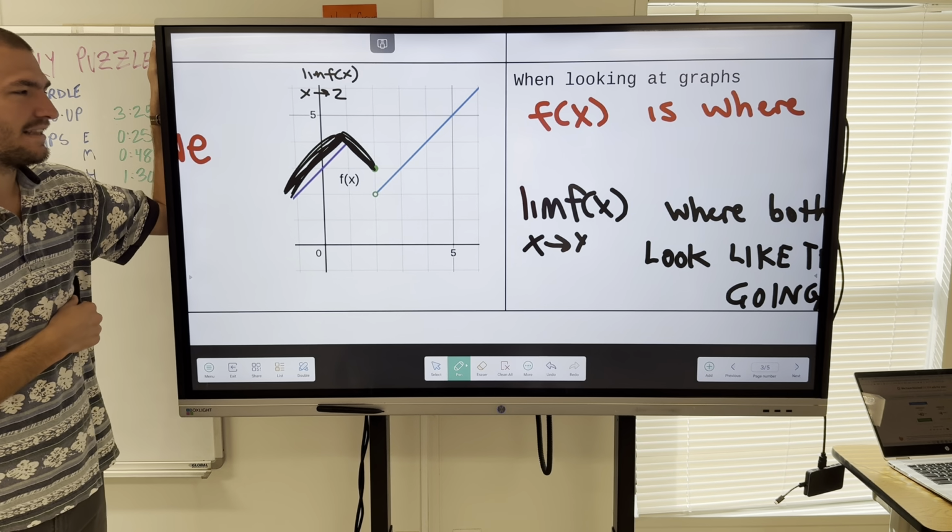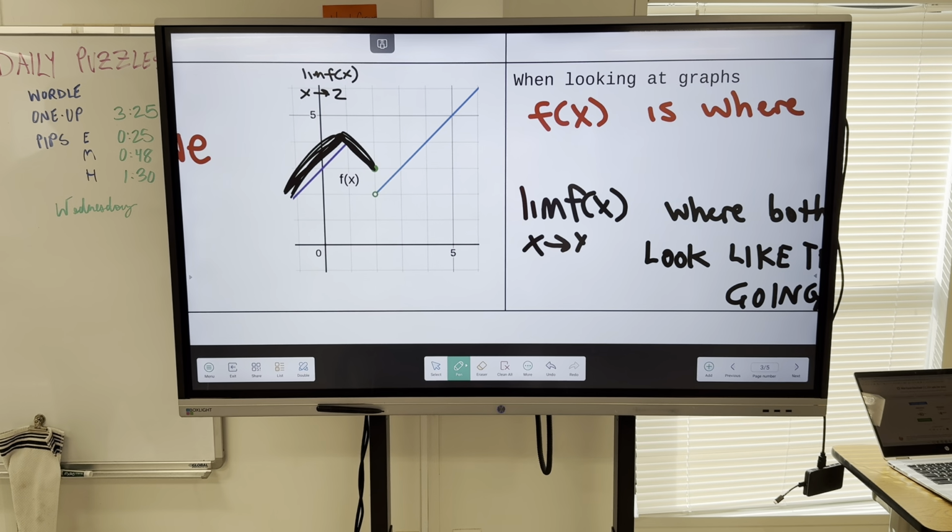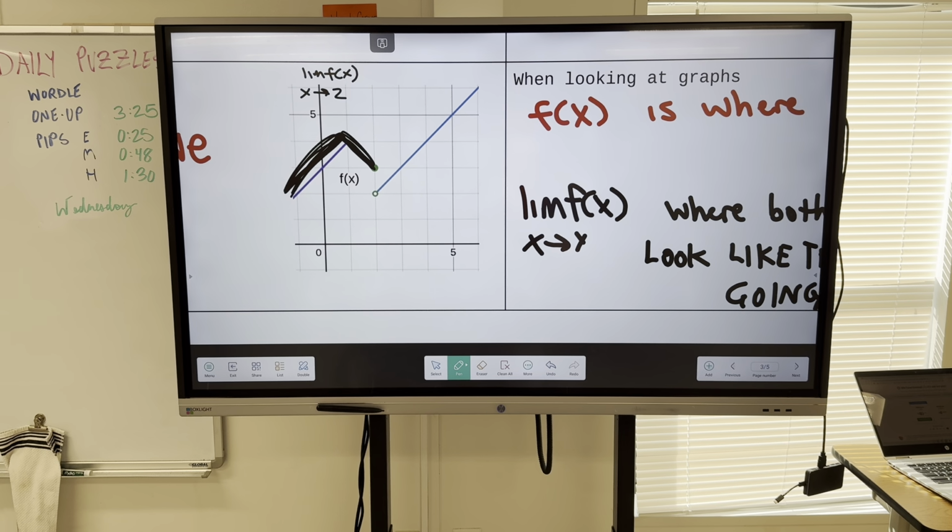Think about it like this. Which side is coming from negative infinity, right? Which side is coming from the negative region of the graph? Here's all the negative numbers over here, and this is as we approach 2 from that negative side.